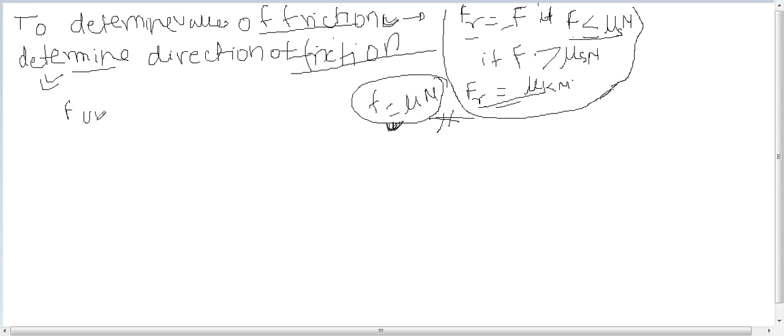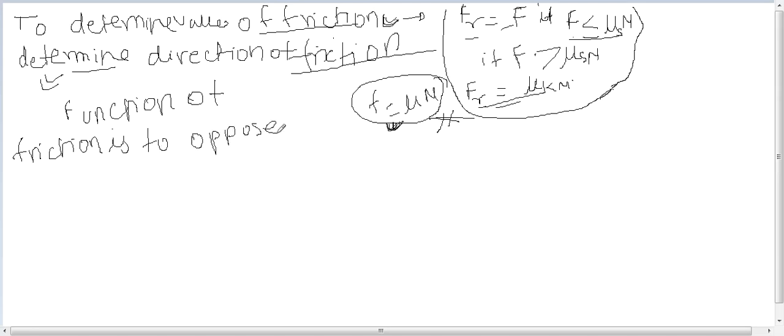The function of friction is to oppose relative motion.